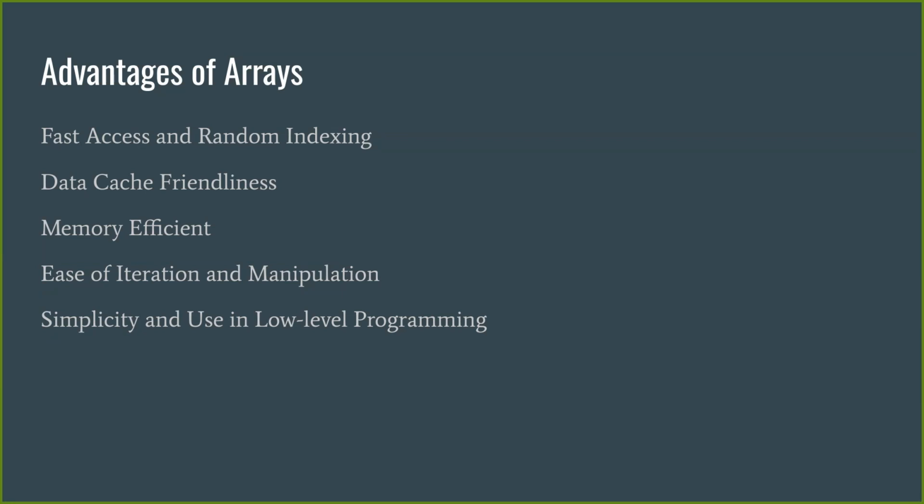And this makes arrays relatively memory efficient and easy to iterate over and manipulate. With this straightforward indexing, arrays are simple to iterate over and manipulate, and this is very useful when you're using algorithms where iteration over elements is very frequent.